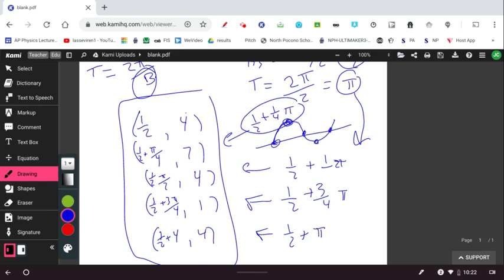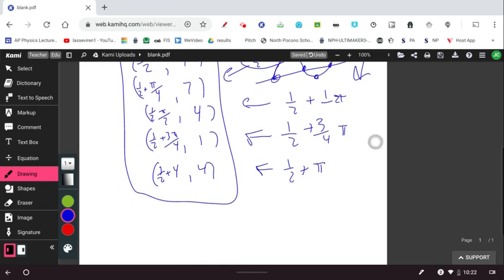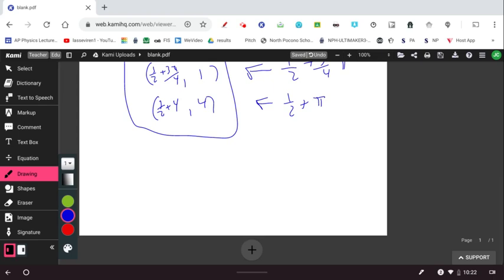The cosine function is going to follow a similar pattern, but please remember that a cosine function goes like this. This is our origin. It's going to go down like that. It starts at the maximum value, goes to the equilibrium, goes to the minimum value, goes back to the equilibrium, goes back to the maximum value.